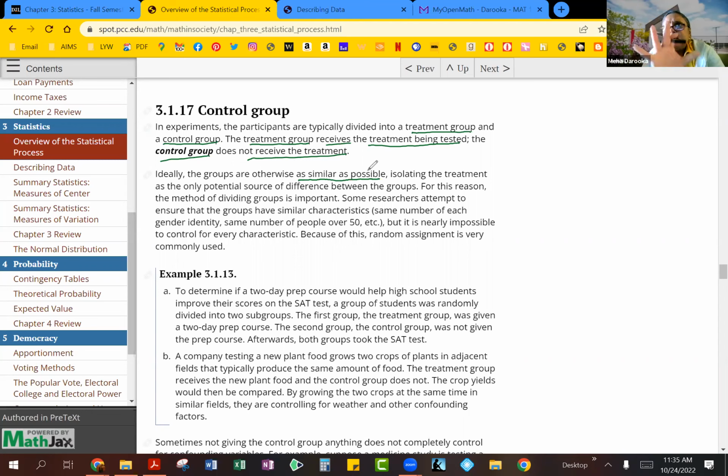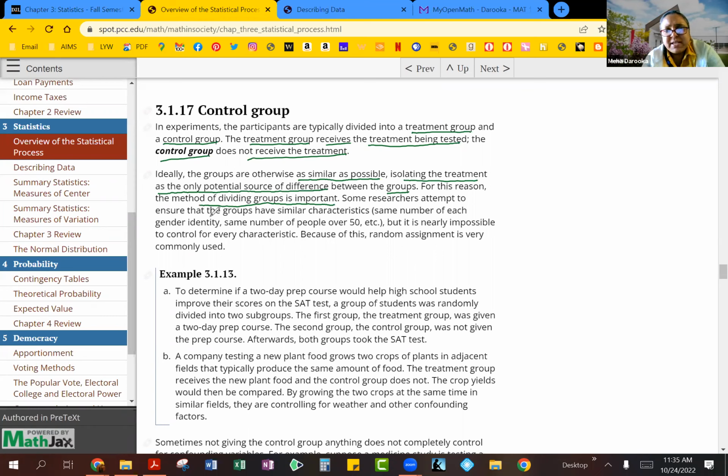Try to keep the subjects as similar between both groups as you can. And then, like we said, one group gets the treatment, the other one does not. So they're saying the groups are as similar as possible, isolating the treatment as the only potential source of difference between the groups. So for this reason, the method of dividing groups is important.